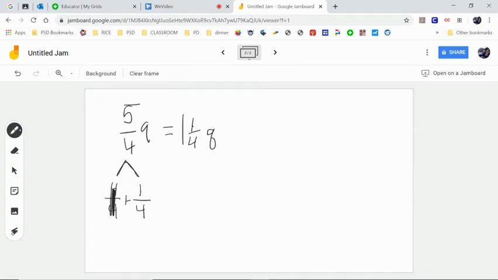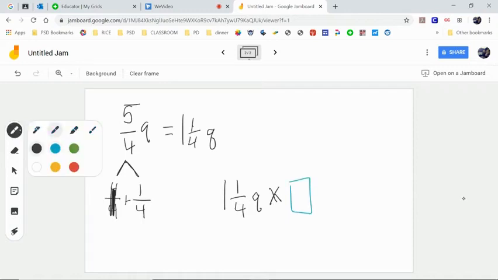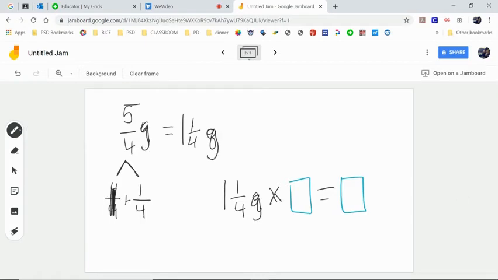Now I have the problem: 1 1/4 gallon multiplied by a number equals a number. And I'm sorry, this was gallons, not quarts. Our answer will be quarts.